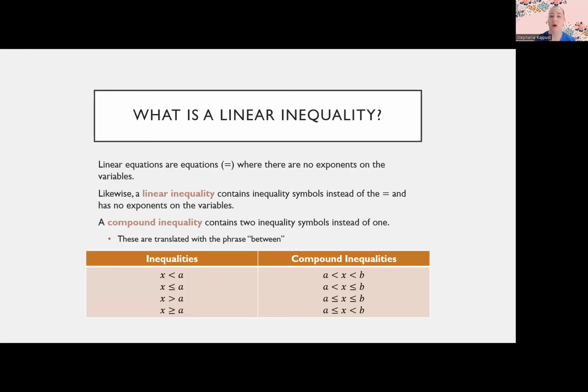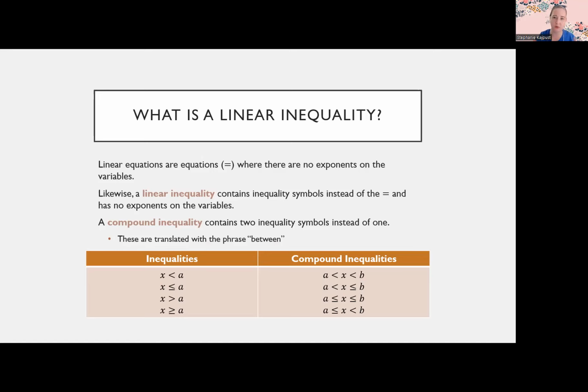So linear inequalities are like linear equations, but now you are solving an inequality. Instead of having an equal sign, you are solving something with one of these symbols, but you're still solving for x. And then a compound inequality, which can occur, is when you have two inequality symbols. Those are specifically when you're dealing with problems where you have between two things.